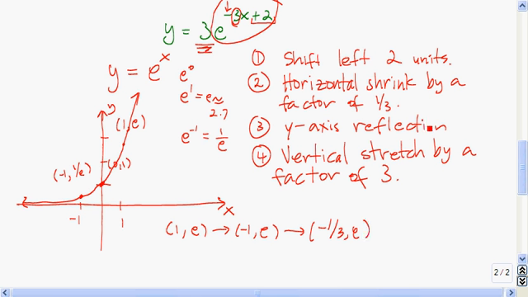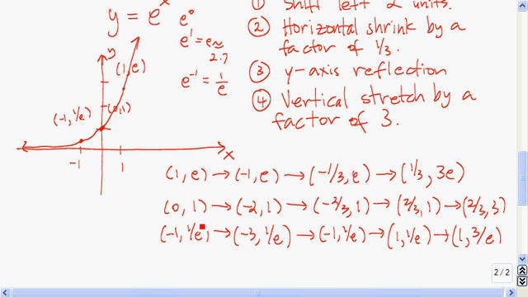Then we do a y-axis reflection, so the x-coordinate gets multiplied by -1. And then we do a vertical stretch by a factor of 3. So that means the y-coordinate gets multiplied by 3. Why don't you press pause while you work on the transformations for (0, 1) and (-1, 1/e).